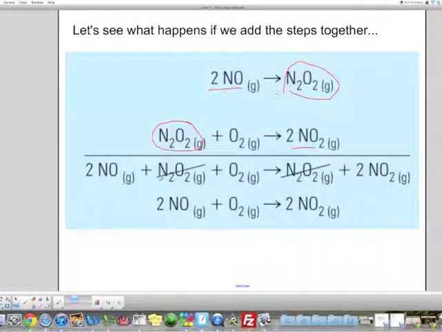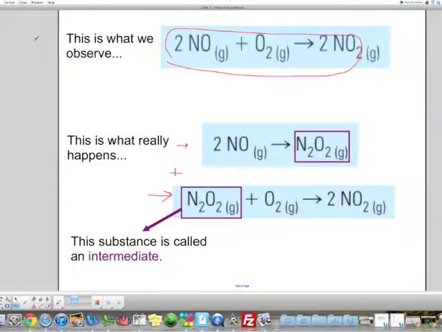So they cancel out. And what am I left with? I'm left with this equation here, which is basically what I had earlier as what I actually observed. So I can take the separate steps, first step here, second step here, add them up and obtain the final or observable reaction.